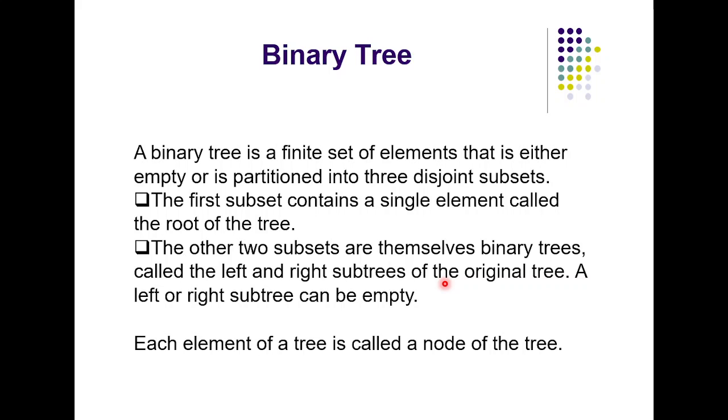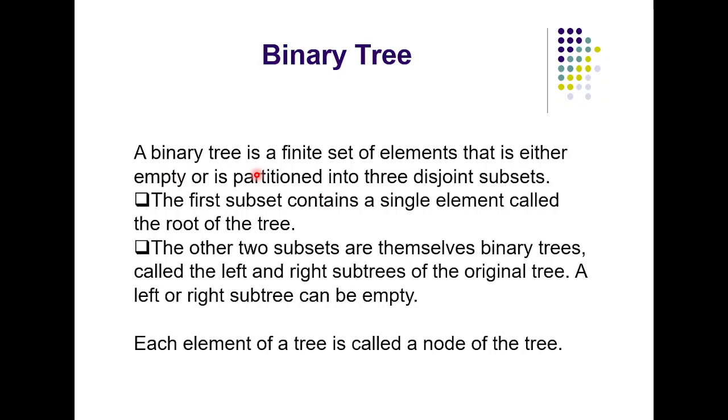So here also, a binary tree is a tree in which we can have at most two children of a particular node. First we will see this definition and then we will move further to see the tree.